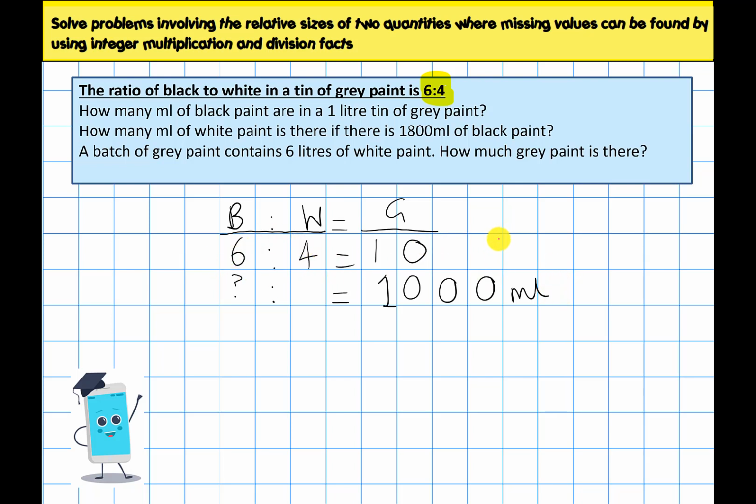So I need to think about how I scale 10 up to get to 1,000. What do I multiply it by? Well, 10 multiplies by 100 to get to 1,000. So I need to multiply both of these by 100, too.